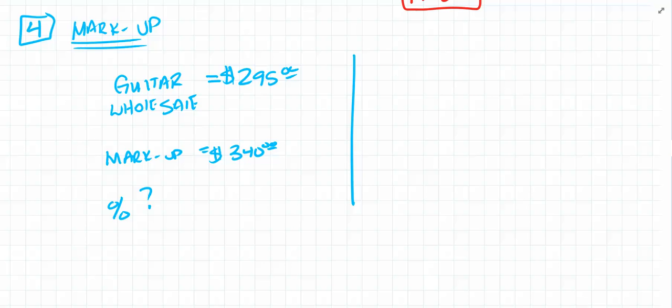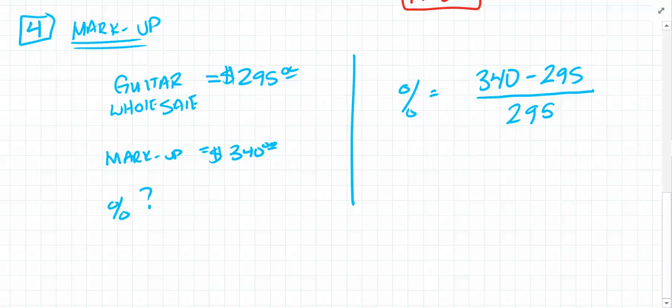Okay. So we figure this out the exact same way we did the other problem. We're going to take the difference. So the percentage in markup is going to be the difference in the amount. So I'm going to take $340 minus $295, and I'm going to divide it by the original amount. And what's the original amount of the guitar? $295. So what's the difference from 340 to 295? Well, that's just 45. So I take 45 and divide it by 295.